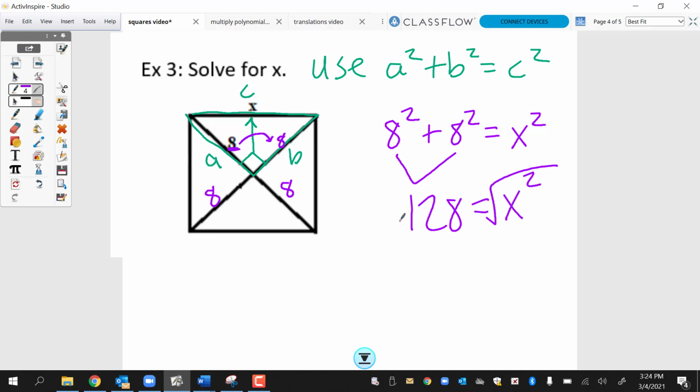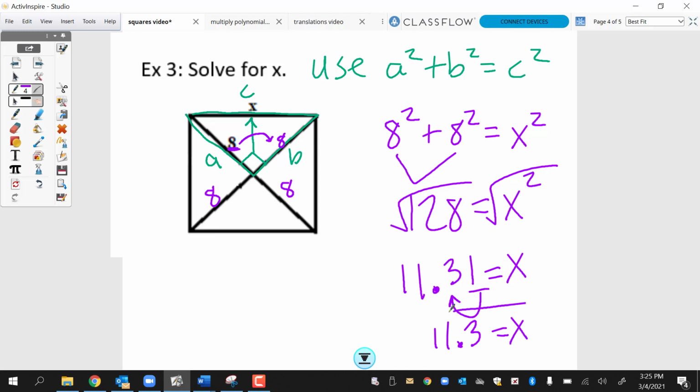And then we're square rooting. The square root of 128 is 11.31. Round to the nearest tenth. Does the 1 make the 3 bigger or keep it the same? It's going to be the same. 11.3, final answer.